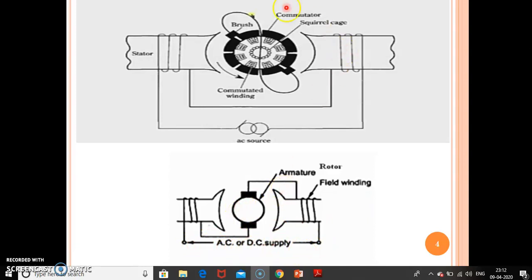Whereas in this repulsion motor, we can see that the single phase source is exciting only the stator winding. The rotor is not electrically connected with the AC supply.